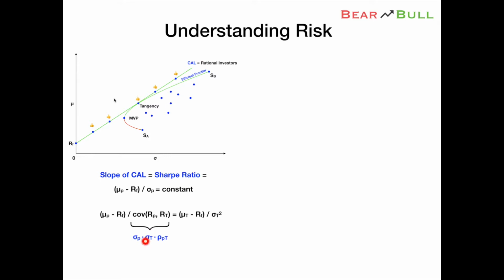The covariance can be calculated by multiplying the standard deviation of the portfolio, the standard deviation of the tangency portfolio, and the correlation of the portfolio with the tangency.